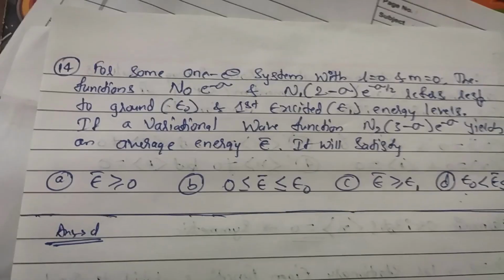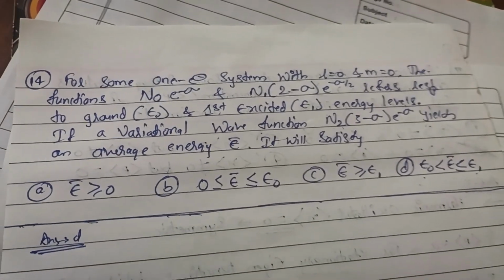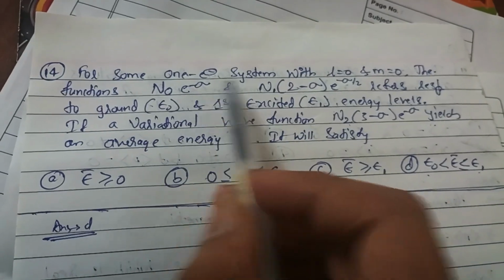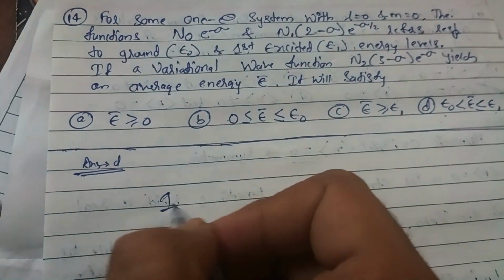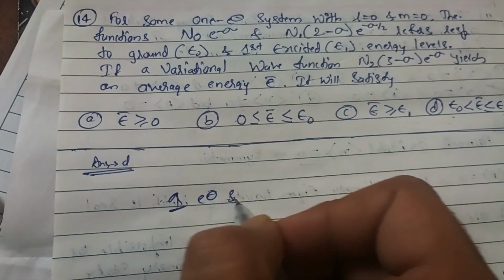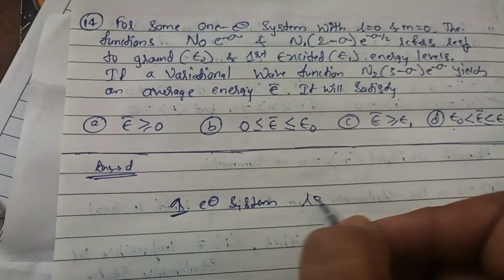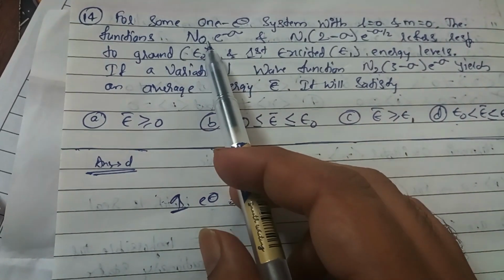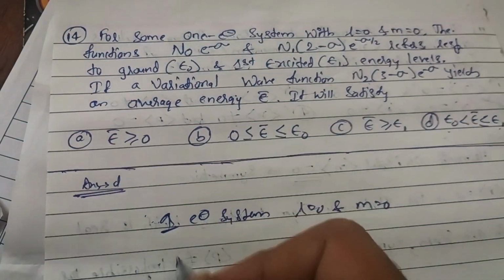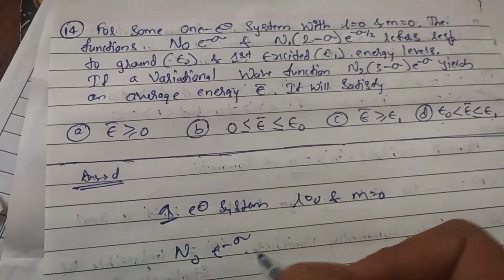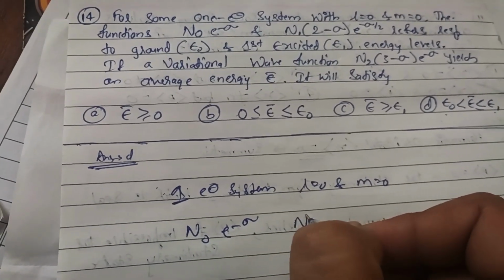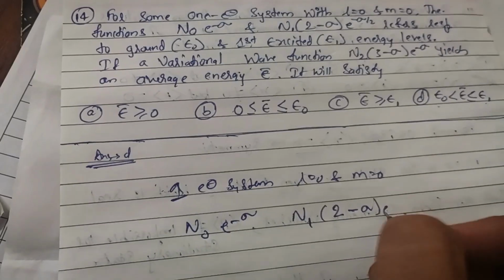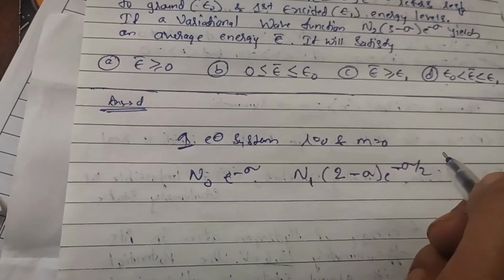Okay, next question. Here they are asking about a one electron system, with L equal to 0 and M equal to 0, correct. The functions are N naught e raised to minus alpha, and N1 of 2 minus alpha e raised to minus alpha by 2.